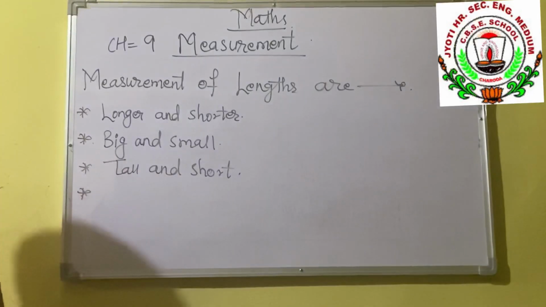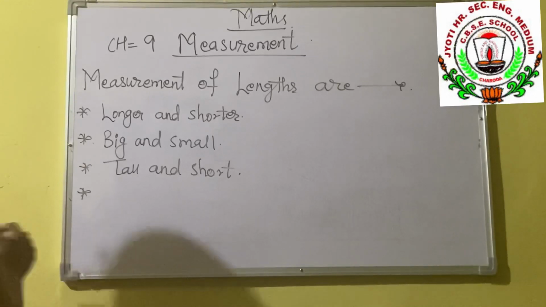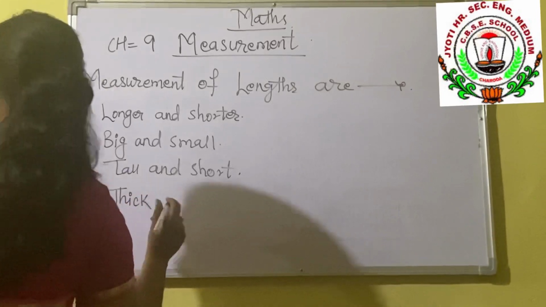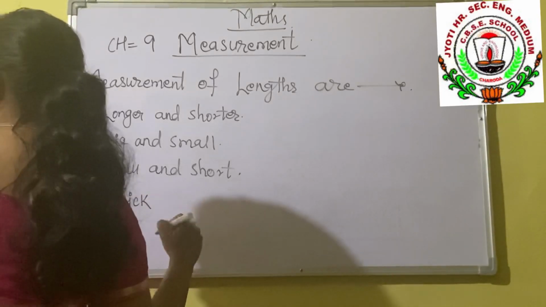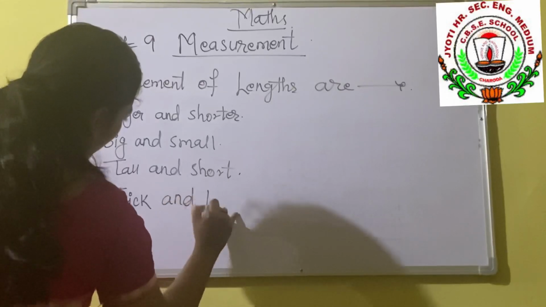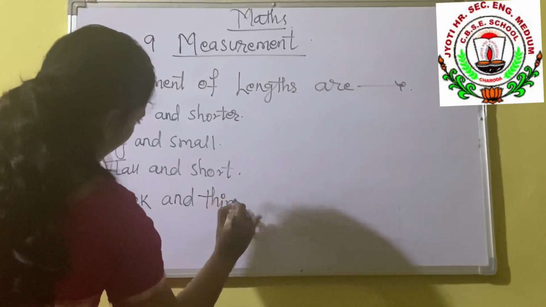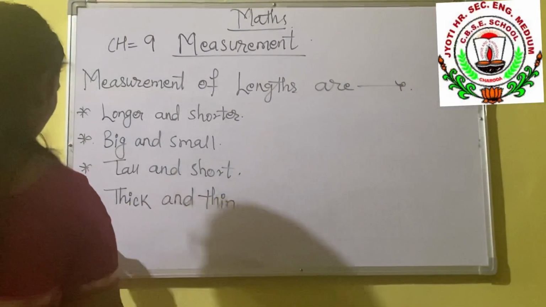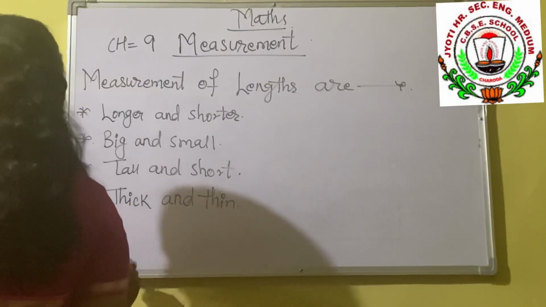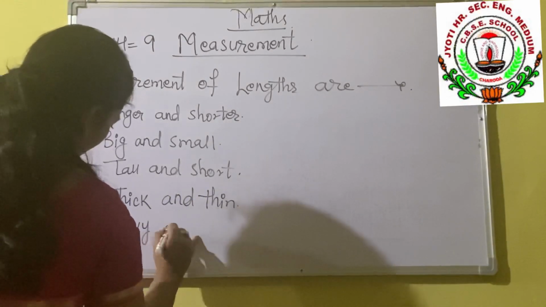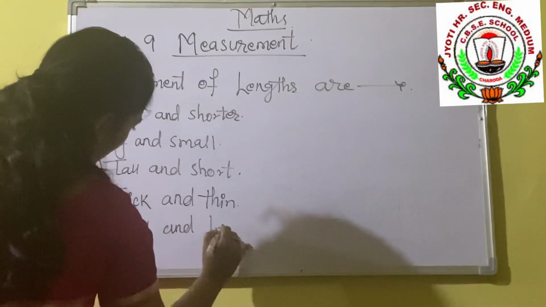Fourth one is thick and thin. Then heavy and light.